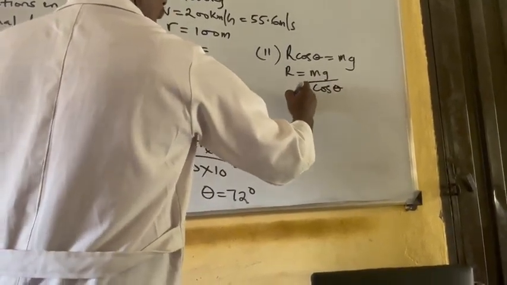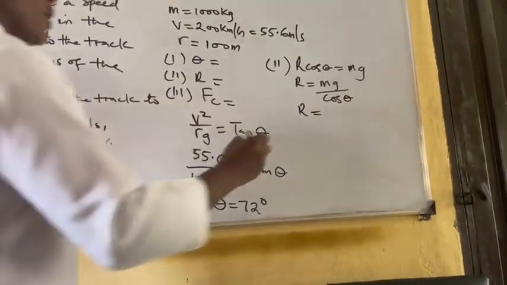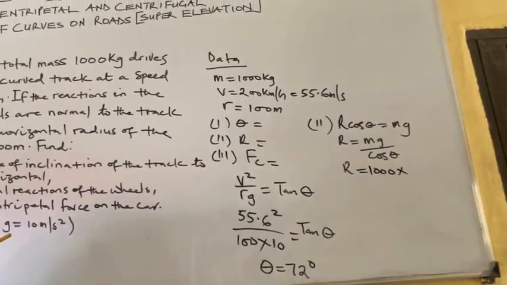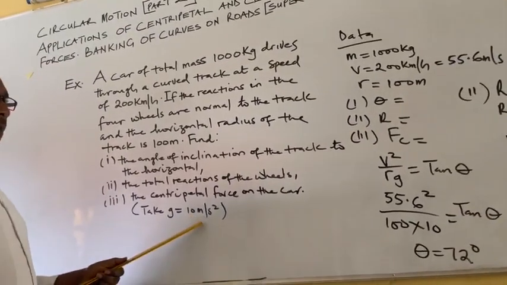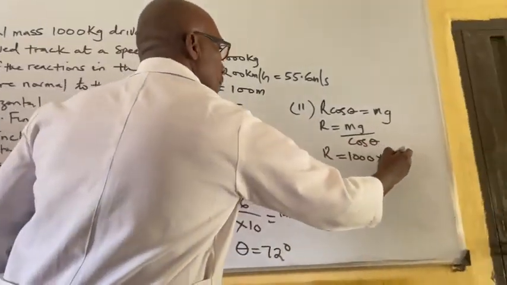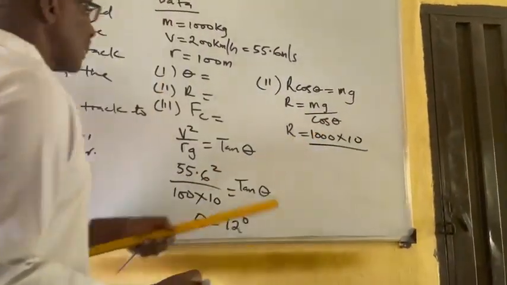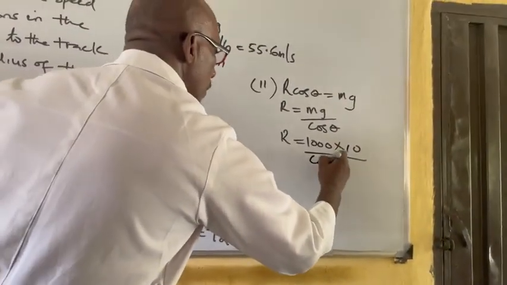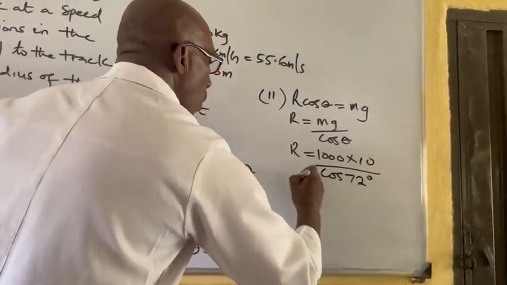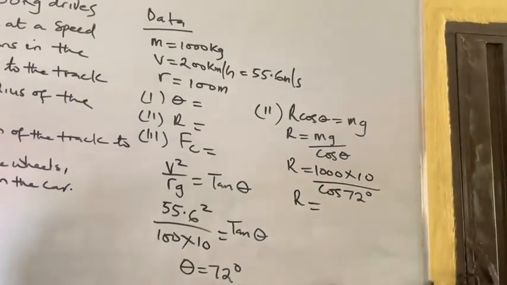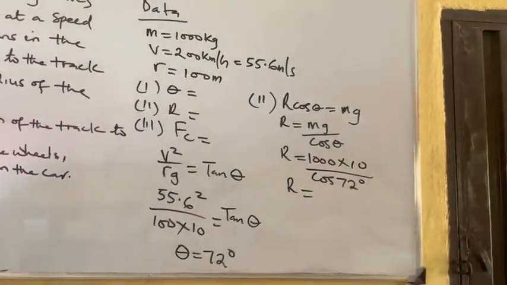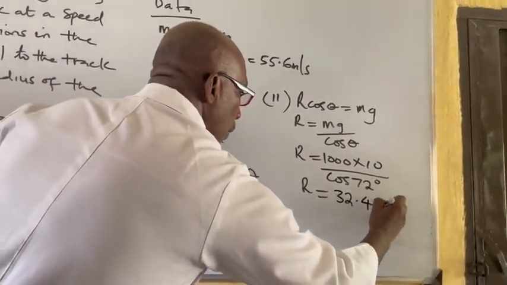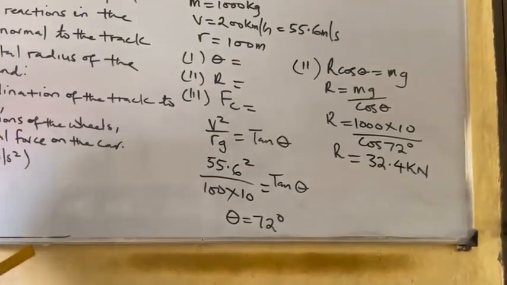R is equal to M, the mass, which is 1,000 kilograms, times the acceleration due to gravity, which is 10 meters per second squared, all over cos theta. Our theta is 72 degrees, so cos 72 degrees. When we evaluate this, we come out with 32.4 kilonewtons. That would be the reactions of the tires on the road.